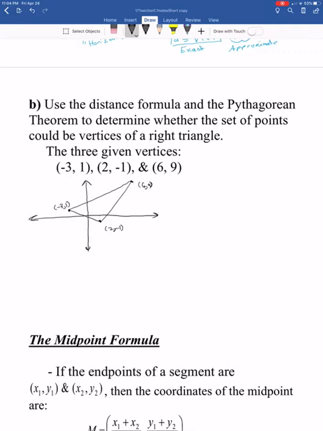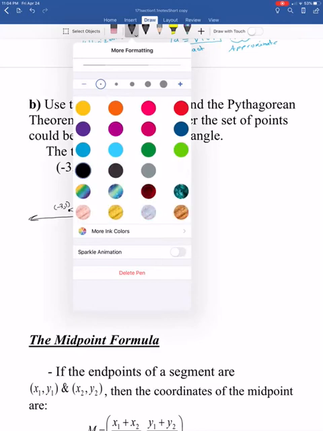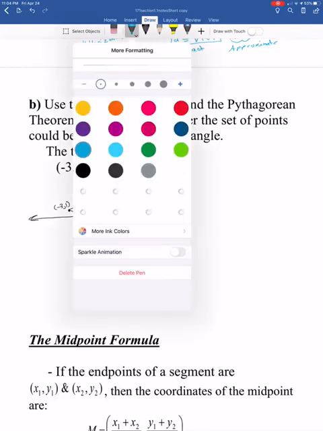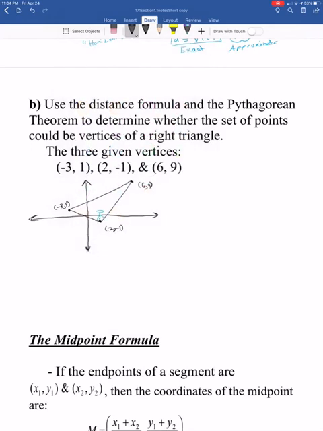Now, our question is this. Is this a 90-degree angle? Right? Is it a right triangle? So that's our question at hand. Right? Do we have a right triangle in front of us? Right? Now again, with a right triangle, we know the Pythagorean theorem would hold true.